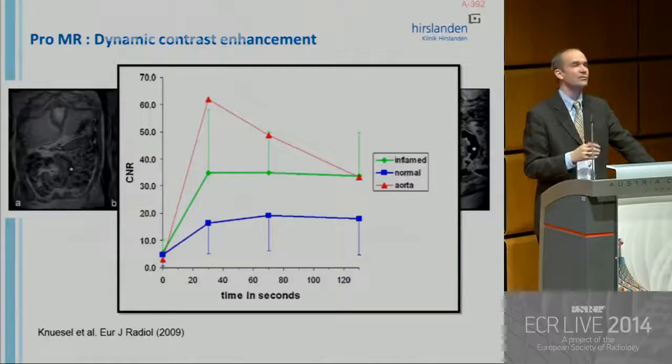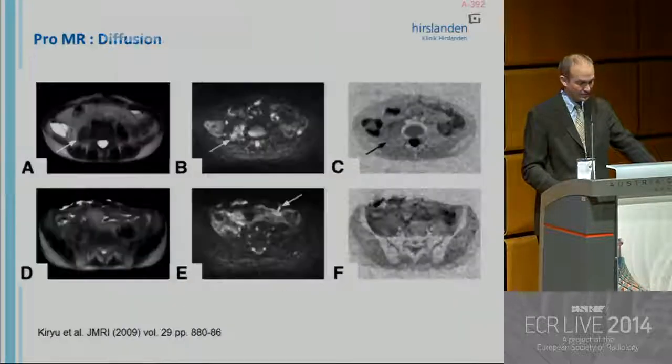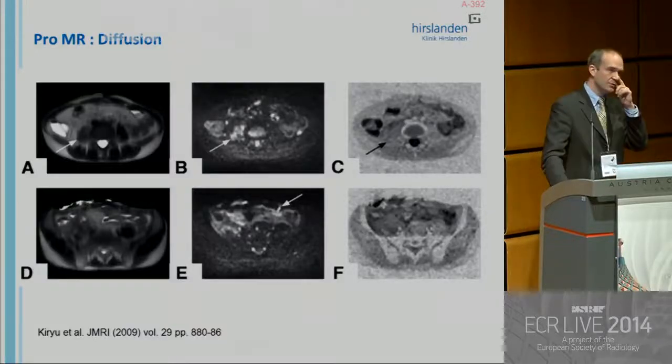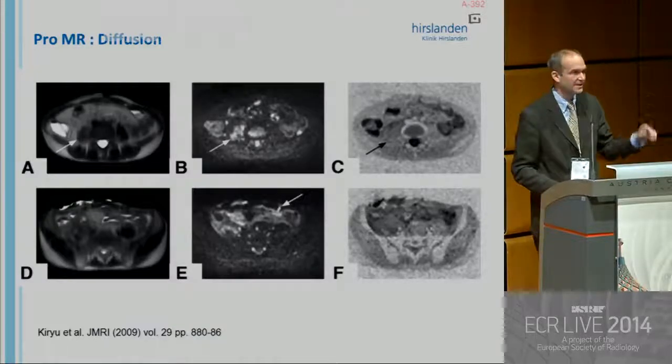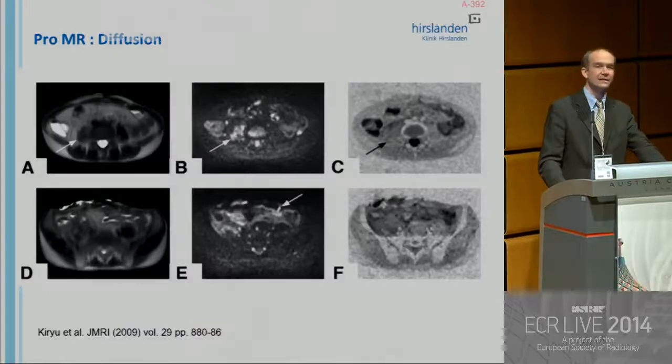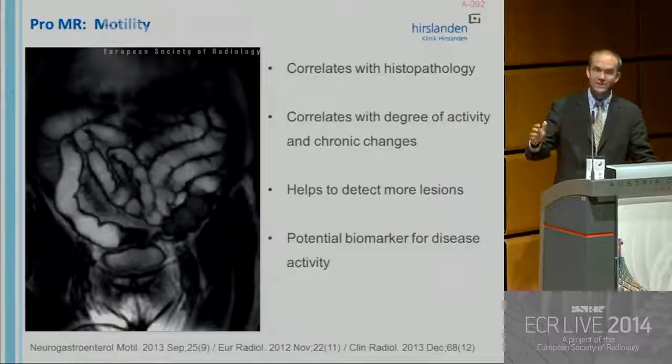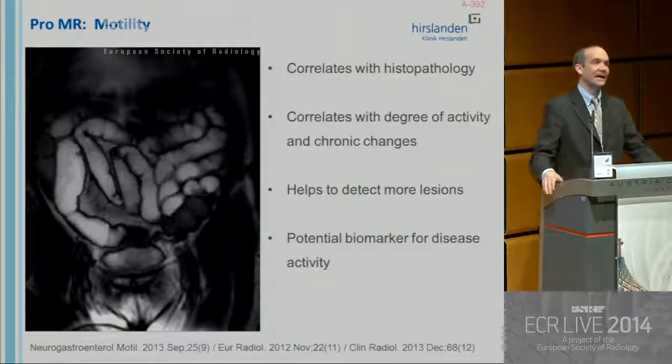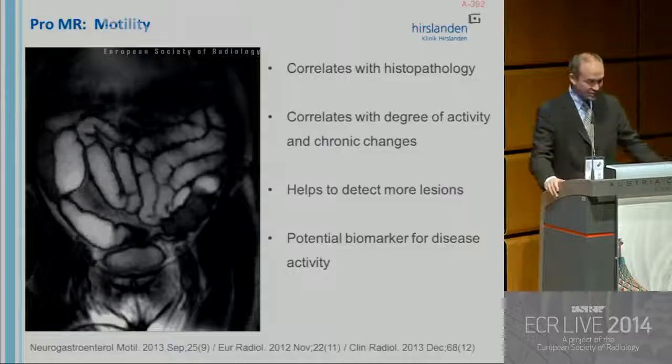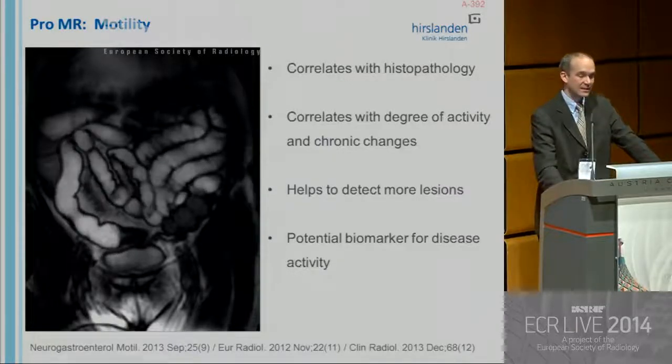So the dynamic contrast enhancement is a very important thing for determining disease activity. There's diffusion imaging, which is more in research, but still there are ways to do diffusion imaging that help you. And then there's motility, which is one of our research focuses, but there are clear things.